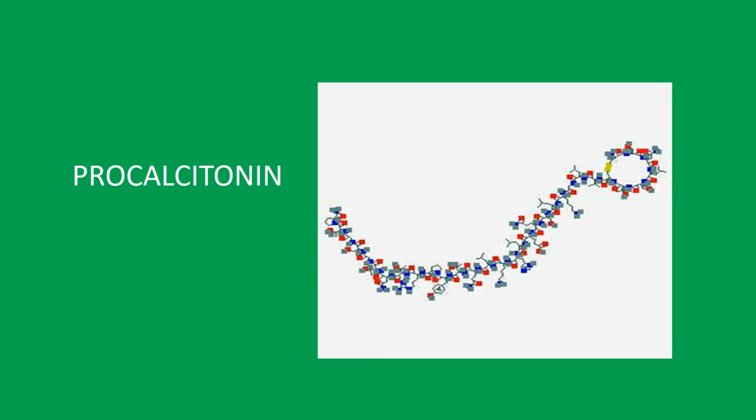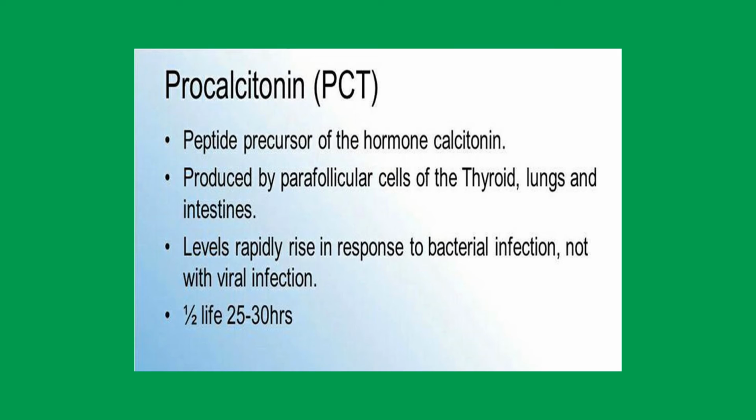Next is your procalcitonin. Your procalcitonin is a relatively newer acute phase reactant and has gained some popularity during the last 5 to 10 years. So what is the procalcitonin? Procalcitonin, or PCT, is a peptide precursor of the hormone calcitonin.